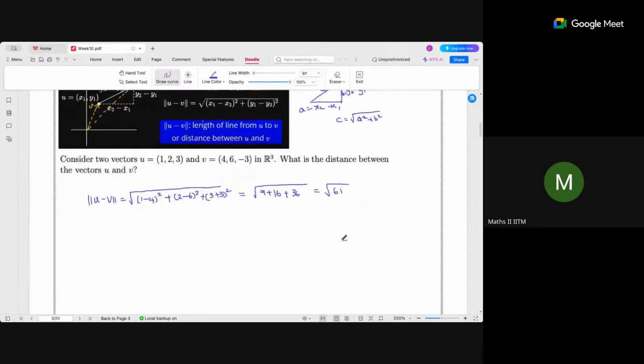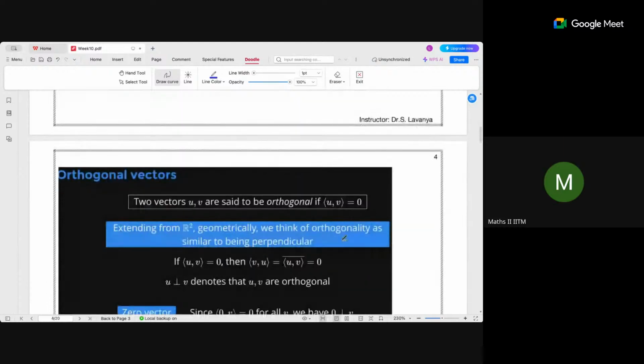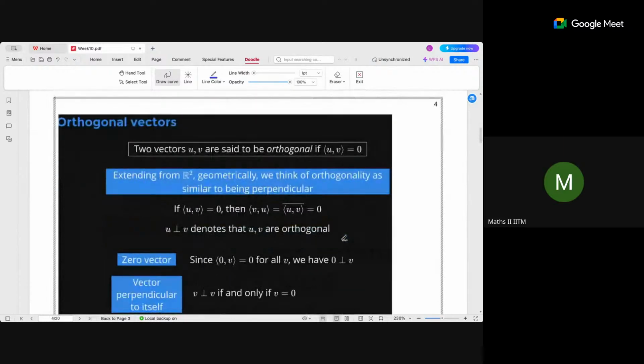So the next thing is that we are going to see what are orthogonal vectors. When do we say two vectors are orthogonal? Two vectors are orthogonal if their inner product is 0.